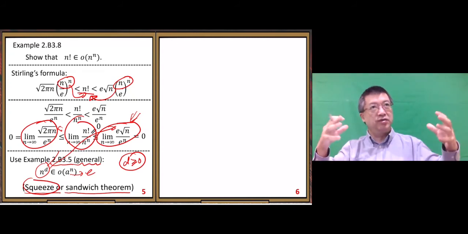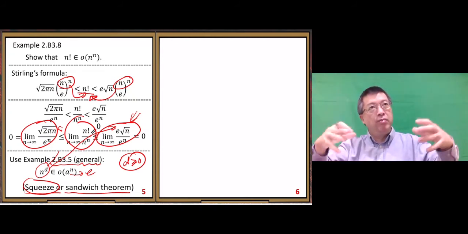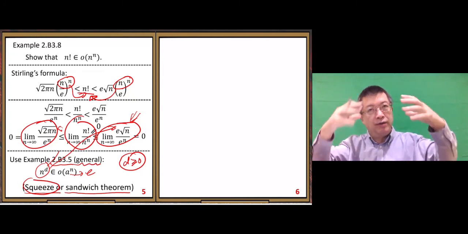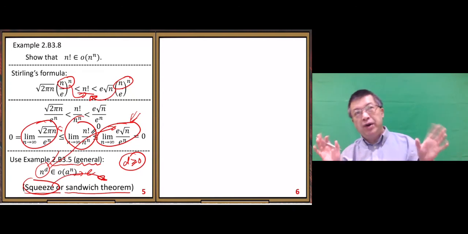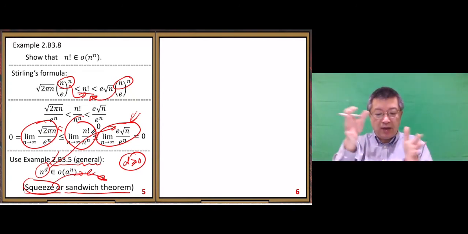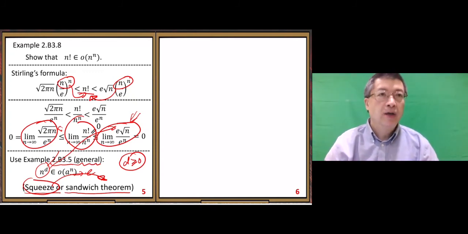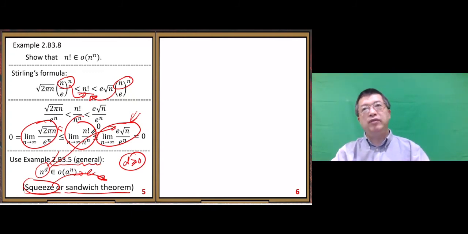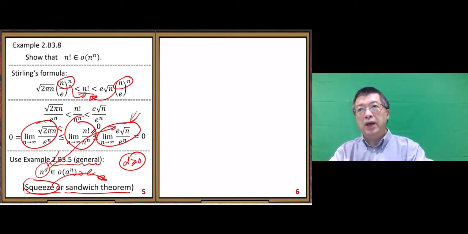So you squeeze to force the middle part's limit to also be 0. That's the squeeze theorem. Some other people call it the sandwich theorem, because here it is shaped like a sandwich. Anyway, just take your favorite name to call it. All right, so we solved problem number 8.